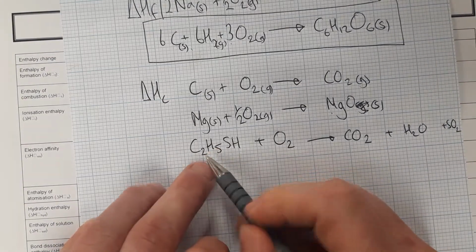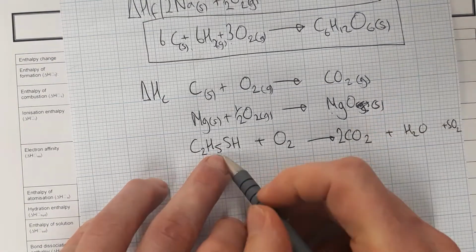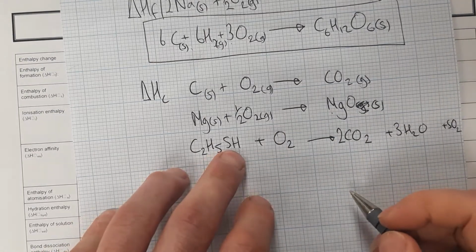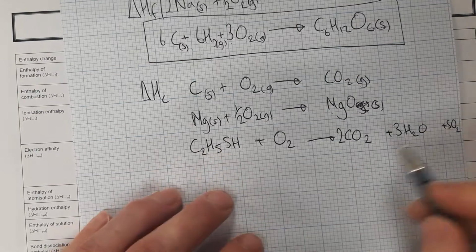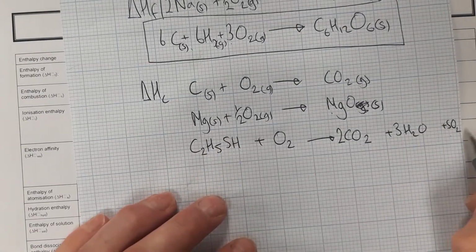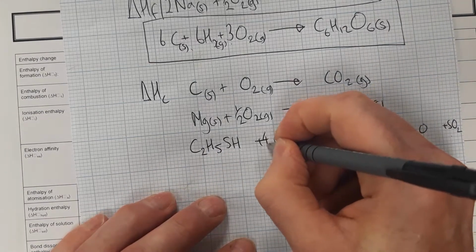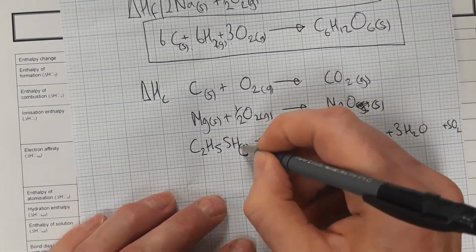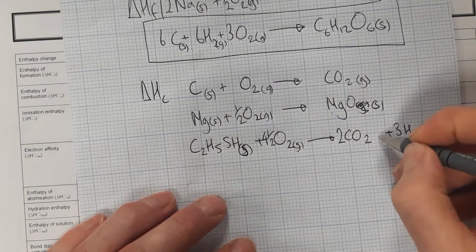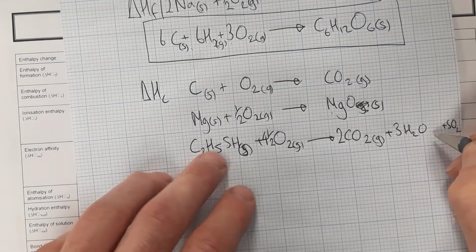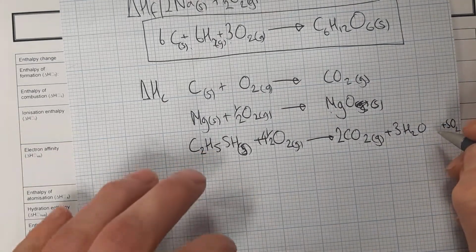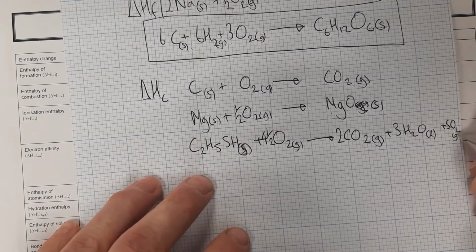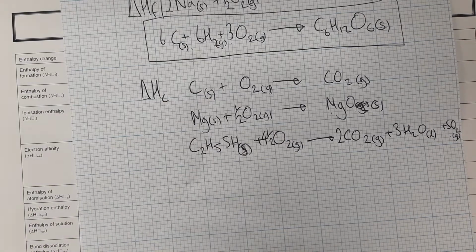So 2 carbons will make 2 carbon dioxides, 6 hydrogens will make 3 waters, 1 sulfur will make 1 sulfur dioxide. 1, 2, 3, 4, 5, 6, 7, 8, 9 oxygens will be 4.5 O2s. So this is an equation that represents the enthalpy of combustion of, this is called ethane thiol, I think. Better chemists might put me right on that.